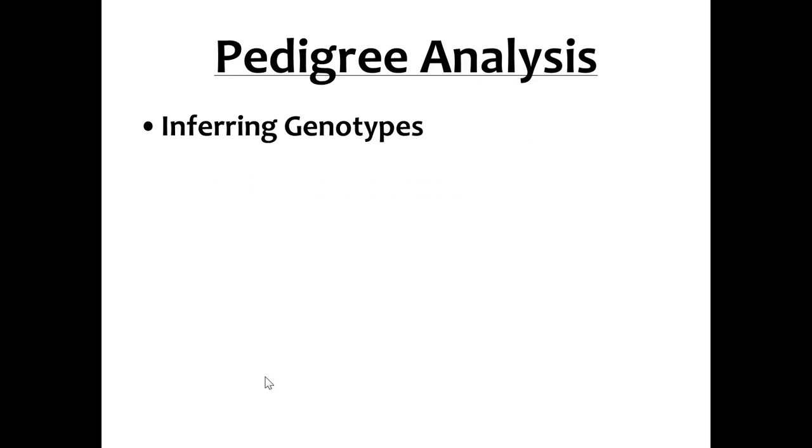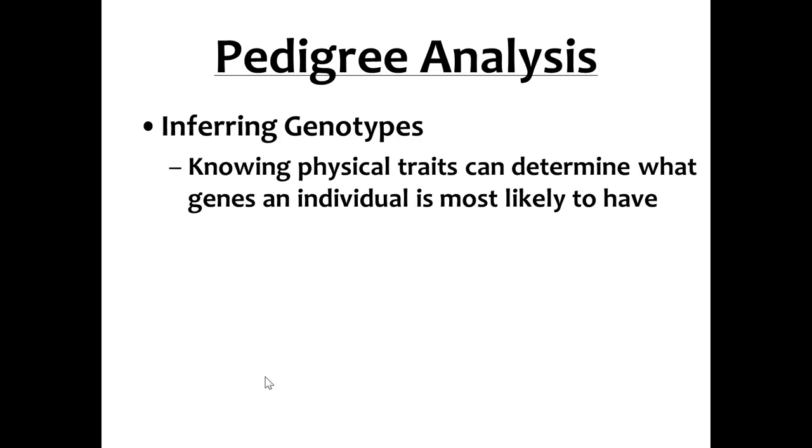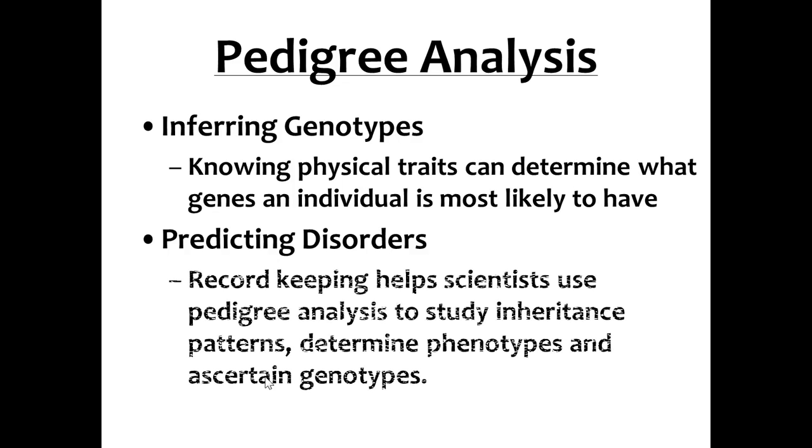All right, pedigree analysis. That's what you actually do in order to get the information from the pedigree. So, inferring genotypes, which says knowing the physical traits can determine what genes an individual is most likely to have. Predicting disorders. It says record keeping helps scientists use pedigree analysis to study inheritance patterns and determine phenotypes and certain genotypes.